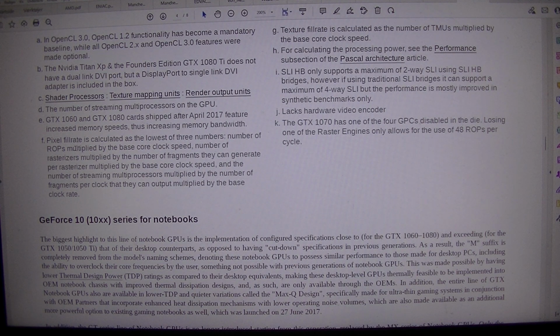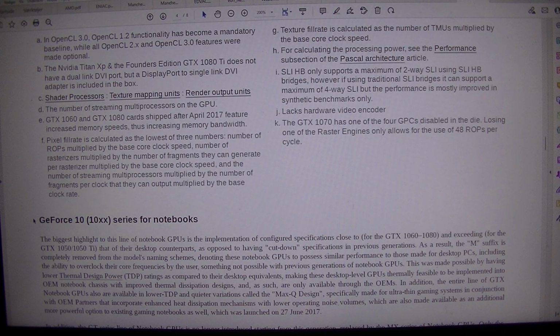Shader processors, texture mapping units, render output units. The number of streaming multiprocessors on the GPU. GTX 1060 and GTX 1080 cards shipped after April 2017 feature increased memory speeds, thus increasing memory bandwidth.